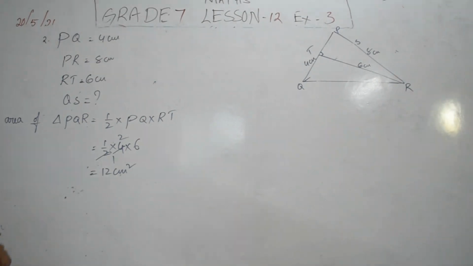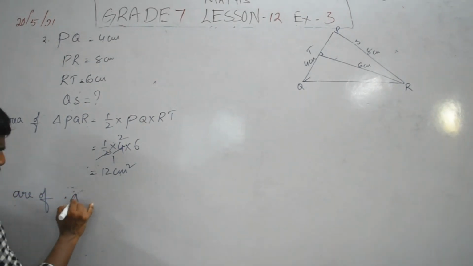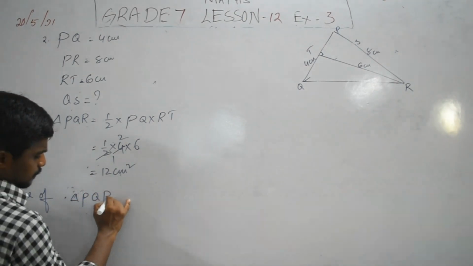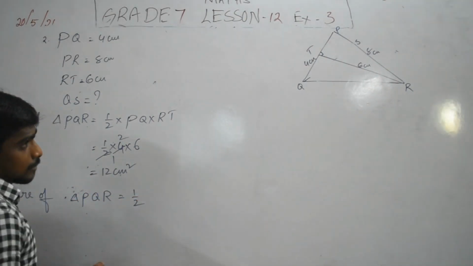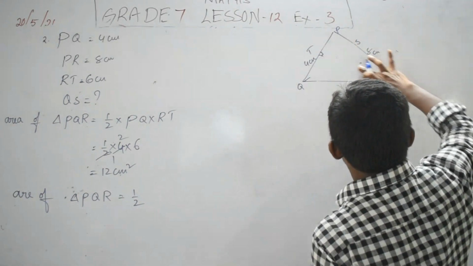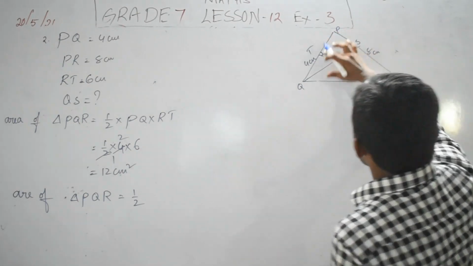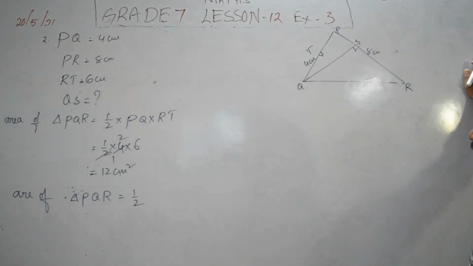Next one, area of triangle PQR. Here see, half times. So now these line segments, there is no. What is this triangle area? Area cannot change. Why?